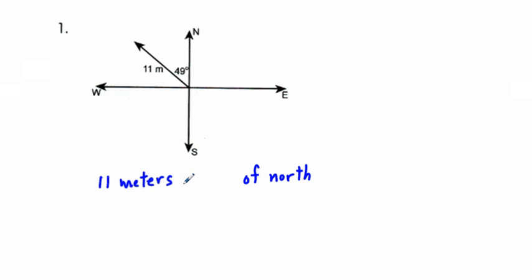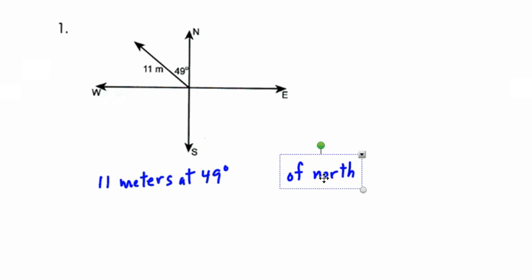But what of north? Well, at 49 degrees, and I'm going to go ahead and just move this over. We will be west of north. So west of north. So let's just check it: 11 meters at 49 degrees west of north.